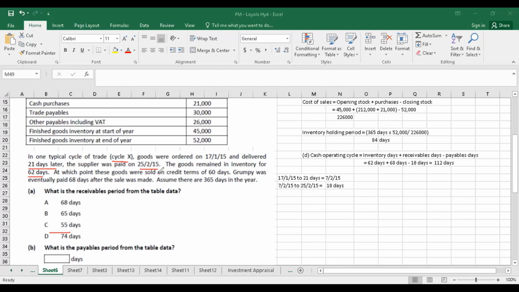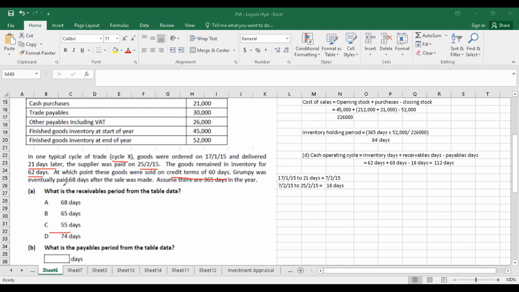Then at which point these goods were sold on credit terms. Credit terms talk about the receivables part. Grumpy was eventually paid 68 days after. So they have sold the goods and also extended credit.